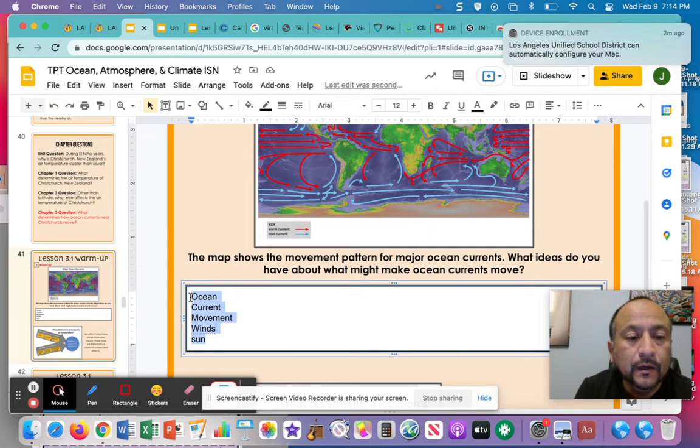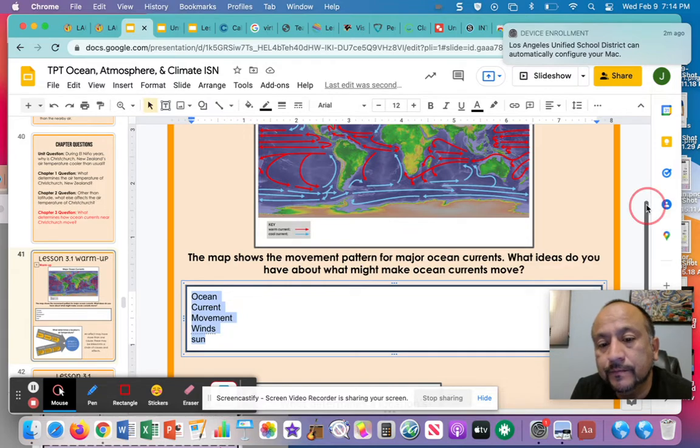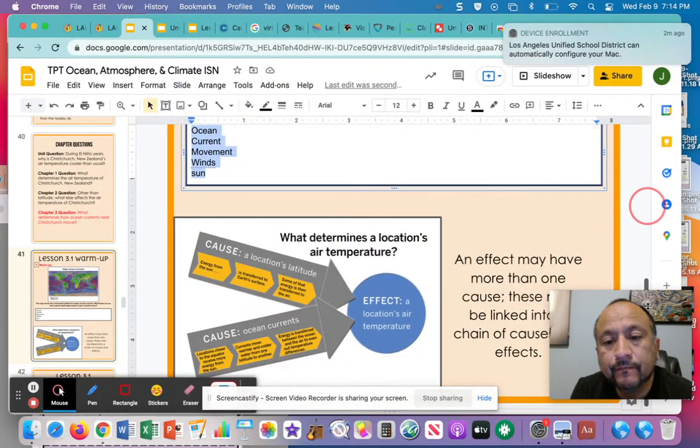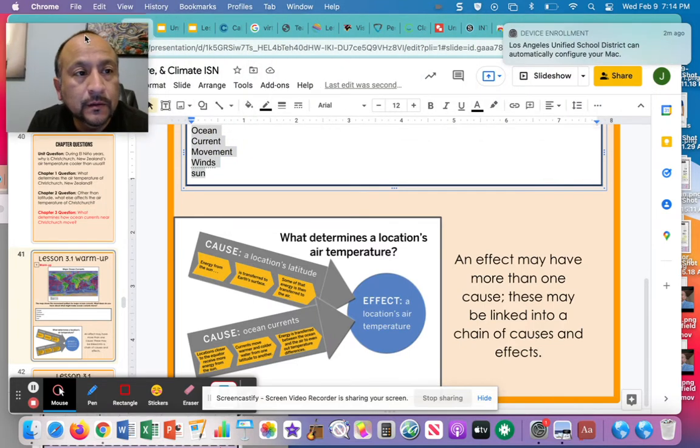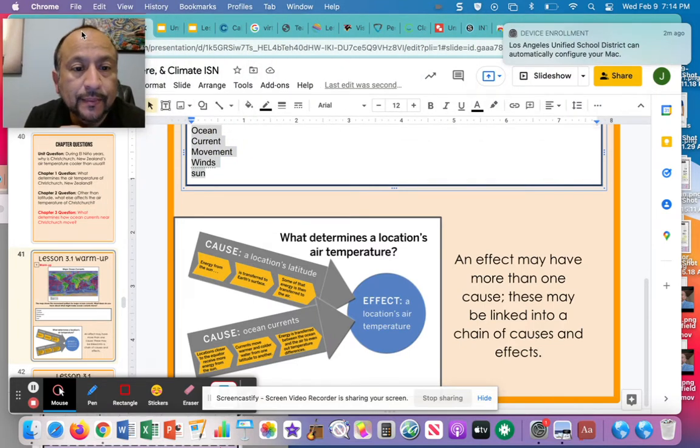Okay. And we're going to move on to the bottom of this warm-up. What determines a location's air temperature? We've also been talking about cause and effect.